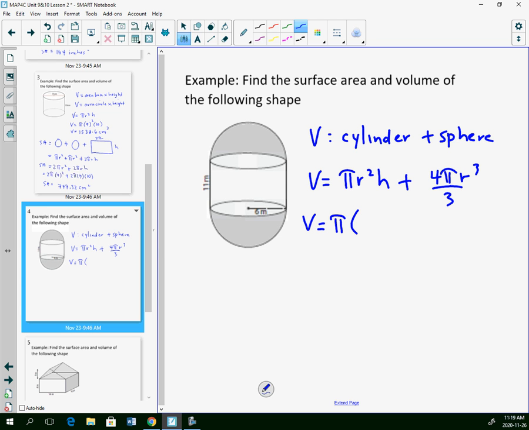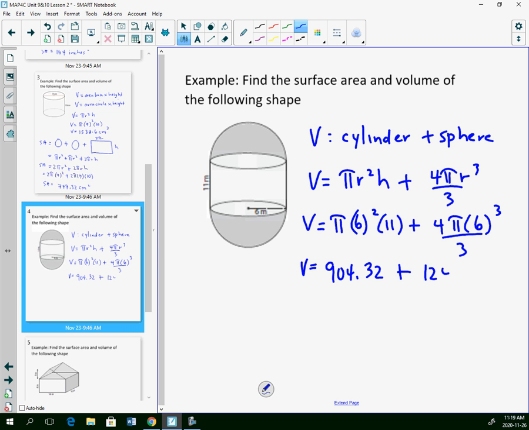Volume tends to be fairly straightforward. So it has a radius of 6 and a height of 11. If we type that into the calculator, we get these values.